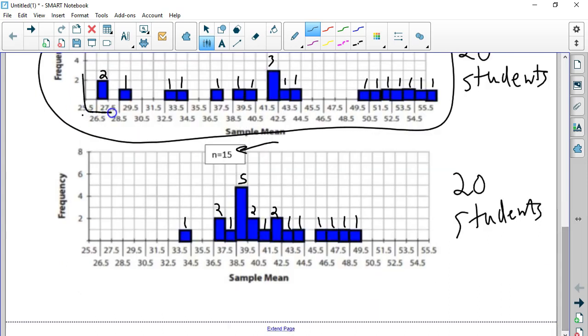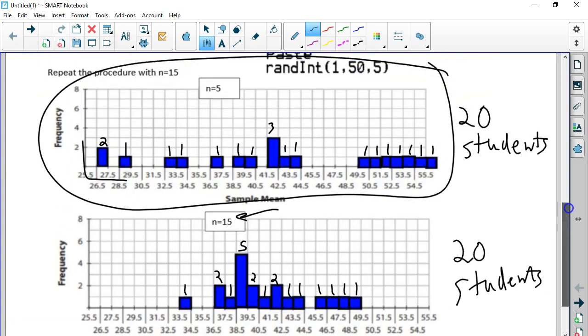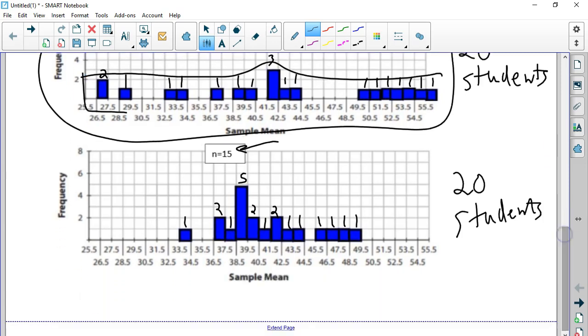Okay, this one is way spread out. But here, much closer to normal. Now this one's still a little bit skewed right. More of our data is to the left. But it comes closer to a normal distribution with a sample of 15 than a sample of 5.